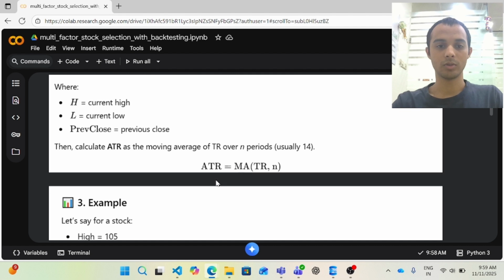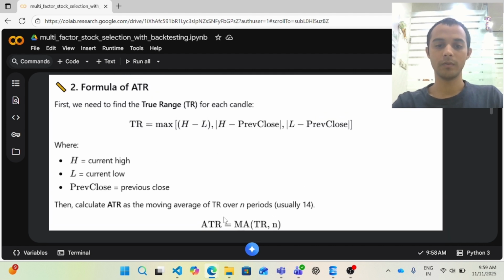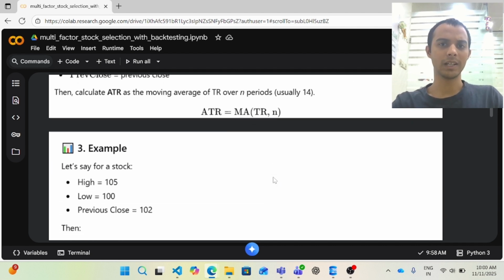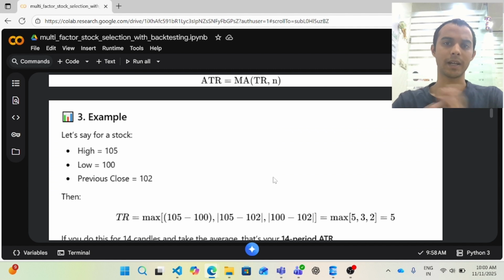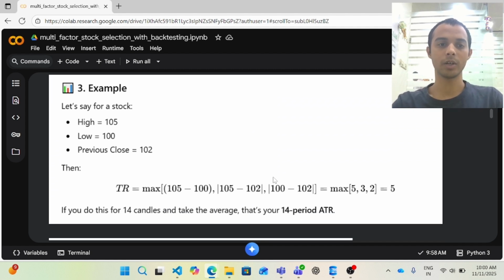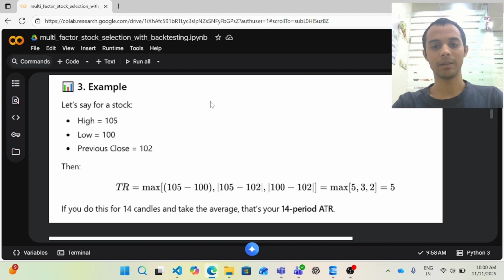After that we will take an average over the period that we are taking, and we will get our ATR, which will tell us that the market ahead can move this much after seeing the past data.